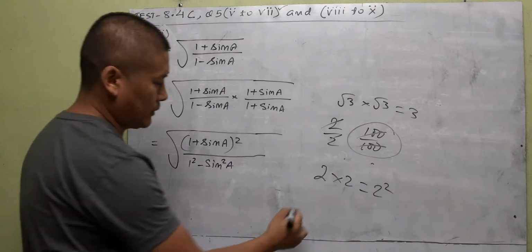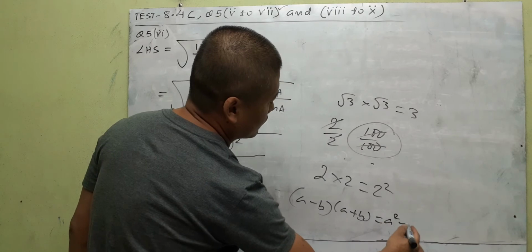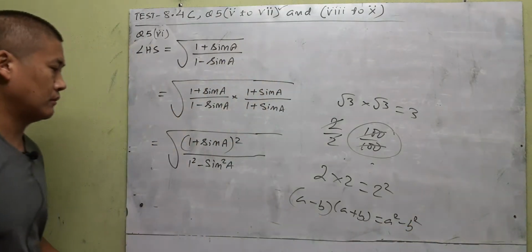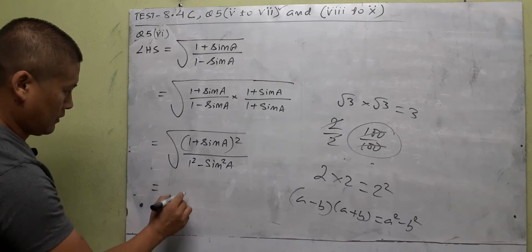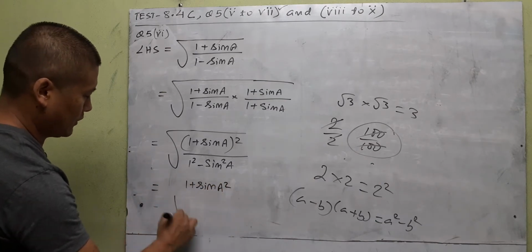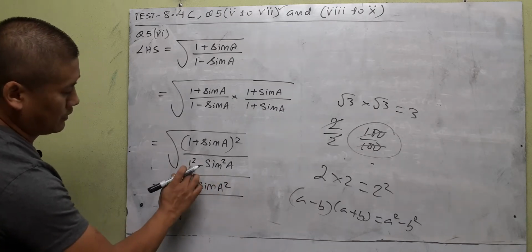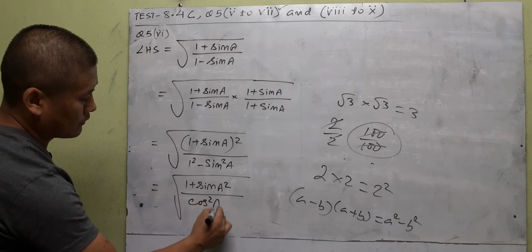So we can write that now: (1 plus sin A) whole square, divided by 1 square, which is 1, minus sin square, and we know 1 minus sin square is cos square.